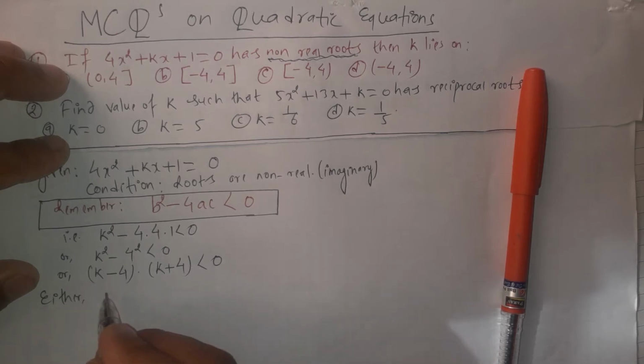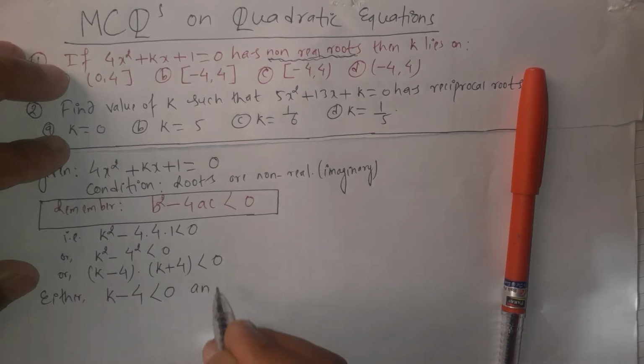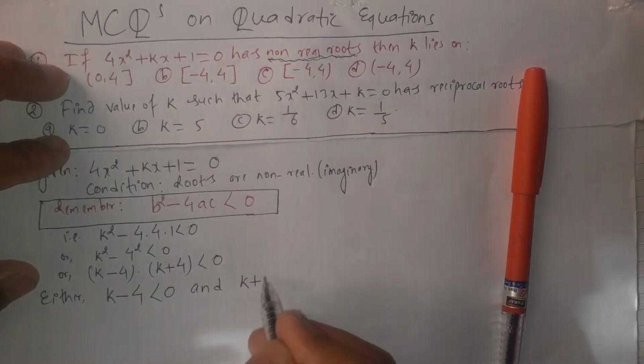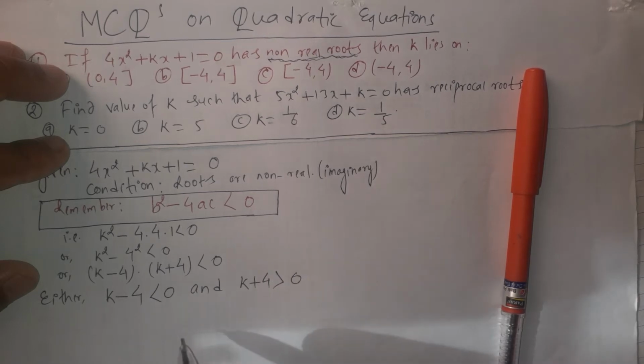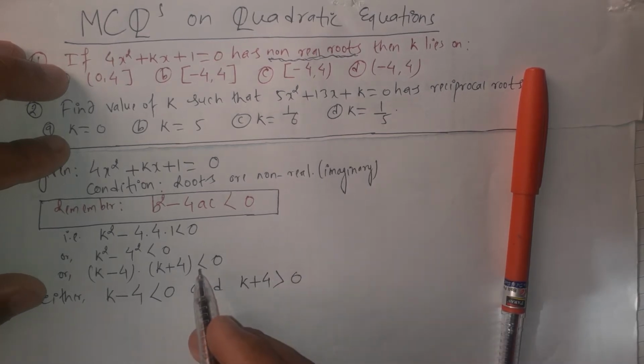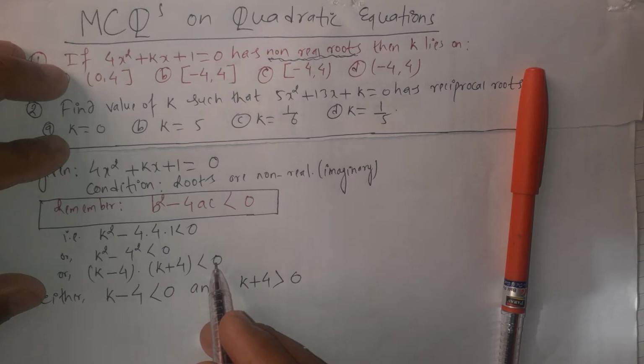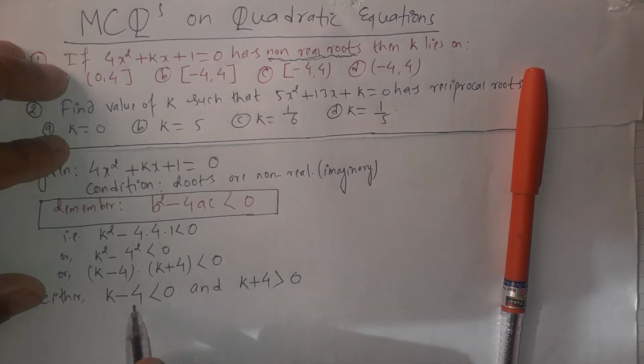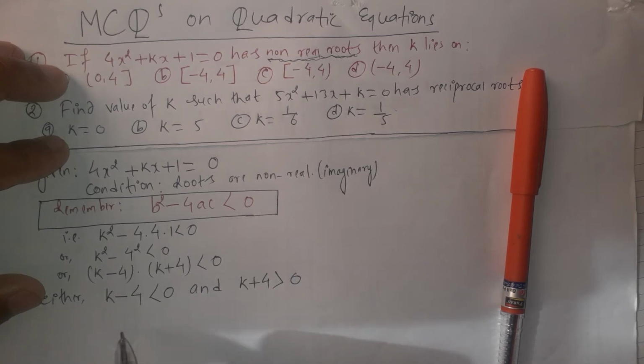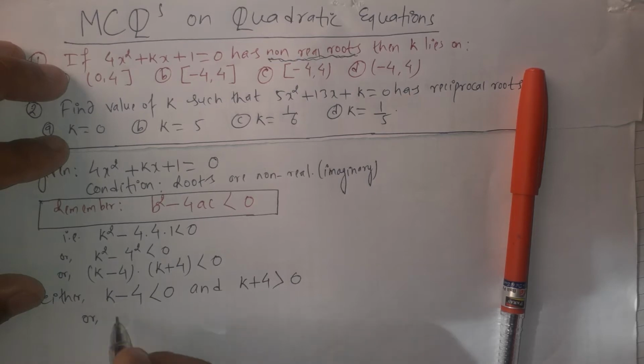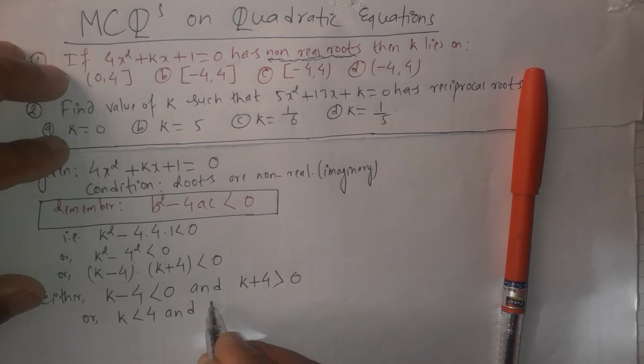This is possible either if k minus 4 is negative and the other, k plus 4, is positive. The product of two numbers is negative only if they have different signs. This can be written as k is less than 4 and k is greater than negative 4.